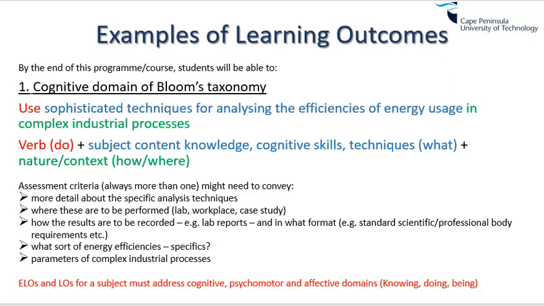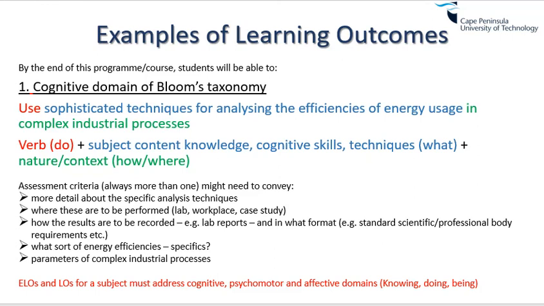It should then encapsulate the subject content knowledge, the cognitive skills, the techniques, etc. What is that in this particular learning outcome? They must be able to use sophisticated techniques, not basic techniques, sophisticated techniques for analyzing the efficiencies of energy usage. So a lot is encapsulated in this statement.